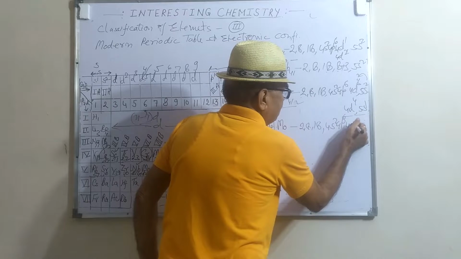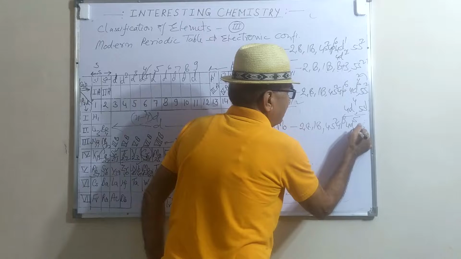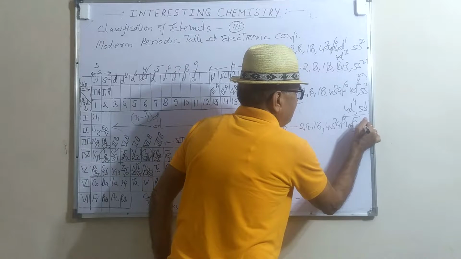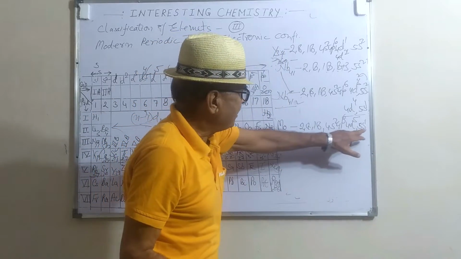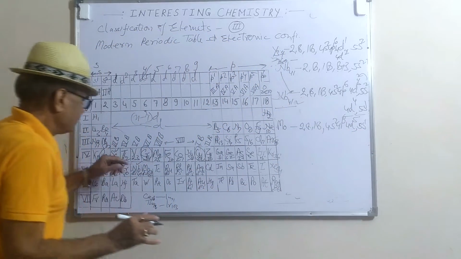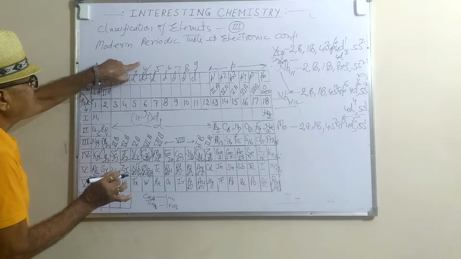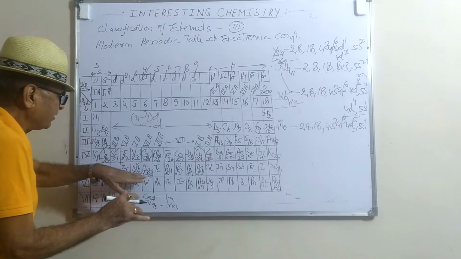I explained 4d4; now it will be 4d5 and 5s1. It is similar to chromium, as I told you. The d4 will be d5. One electron is migrated, as in chromium.